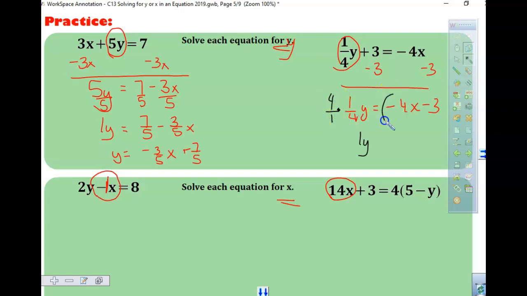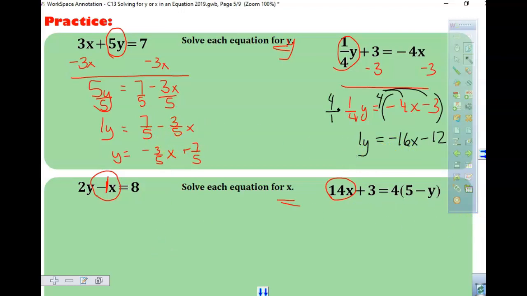That means over here, I can either use the distributive property and take 4 times everything in this parenthesis, or I can take each term times 4. So there are a couple different ways of doing that. In this case, 4 times negative 4x gives me a negative 16x. 4 times negative 3 gives me a negative 12 for my solution. So these are my 2 solutions.